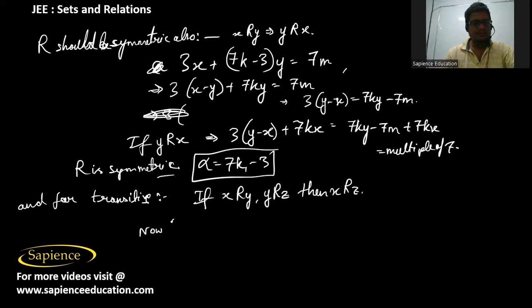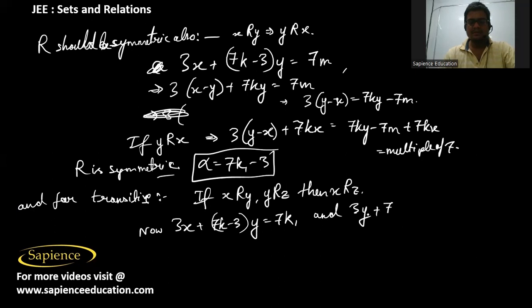So now 3x plus 7k minus 3 into y, let's say this is 7k1, and 3y plus 7k2, where k2 is some natural number.